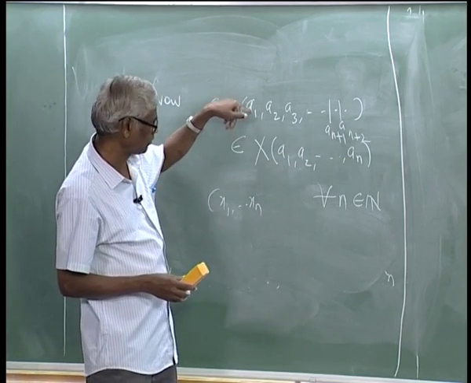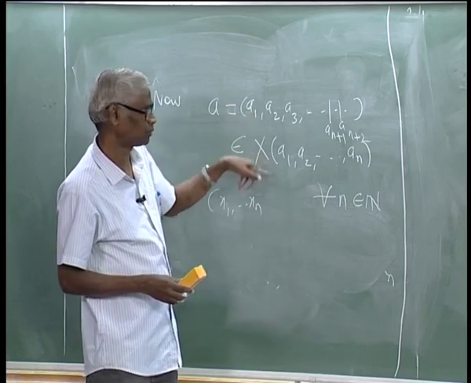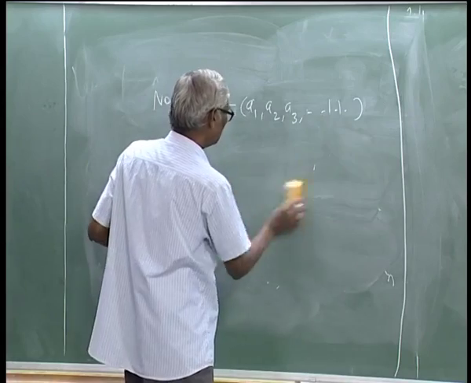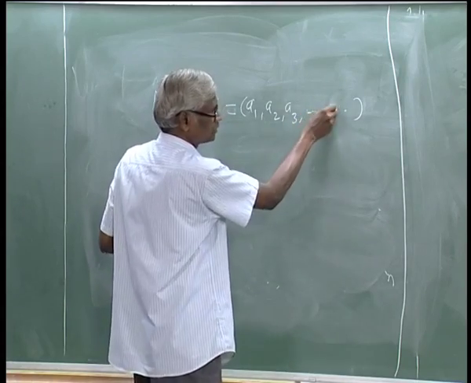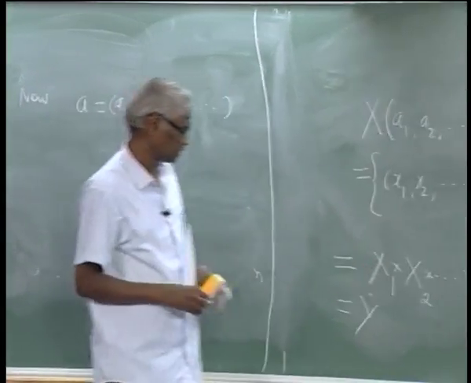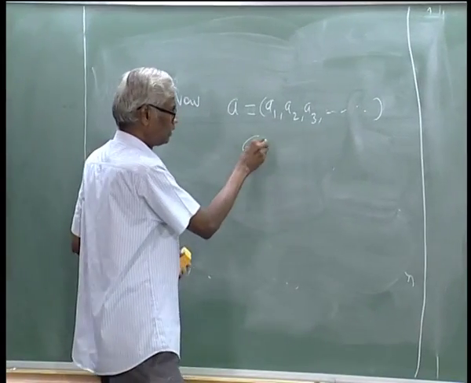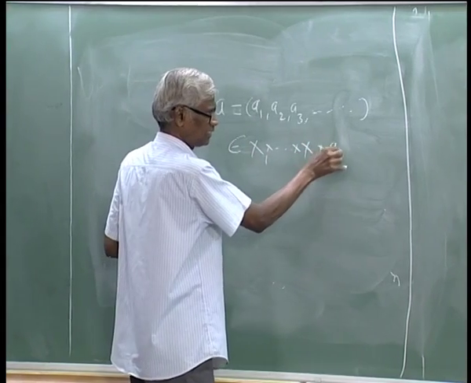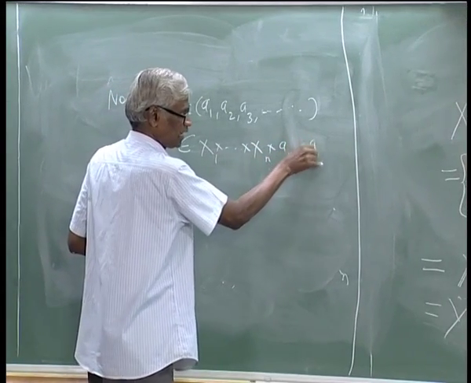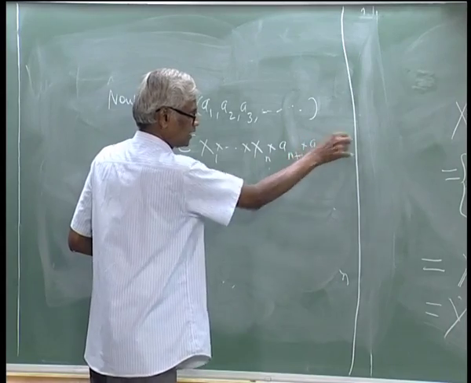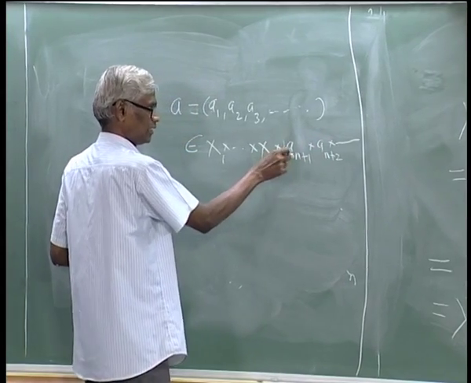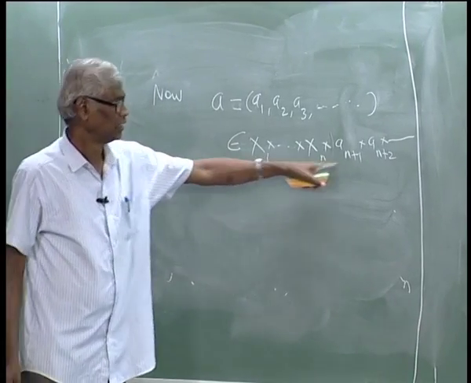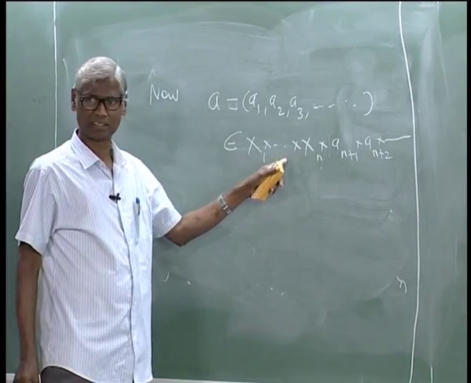So, in particular a_1 belongs to capital X_1, a_2 belongs to capital X_2. So, this element belongs to that set, which is X_1 cross X_2 cross ... cross X_n, afterwards it is a_{n+1}, a_{n+2}. So, instead of singleton we are just writing the suffix n plus 1, etc. So, this common point, each is connected.